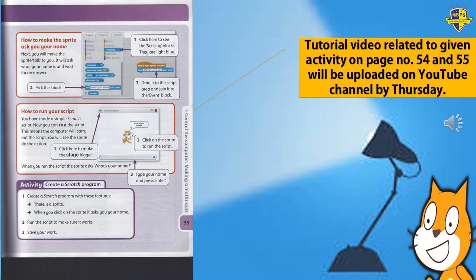So then we have to make a code where Scratch asks me my name, for example, what's your name? Number 2, run the script to make sure it works. So when Scratch asks you what's your name and you type your name, and it doesn't give you any error, that means the program is working correctly.